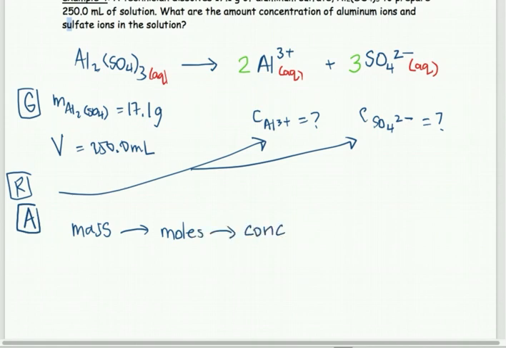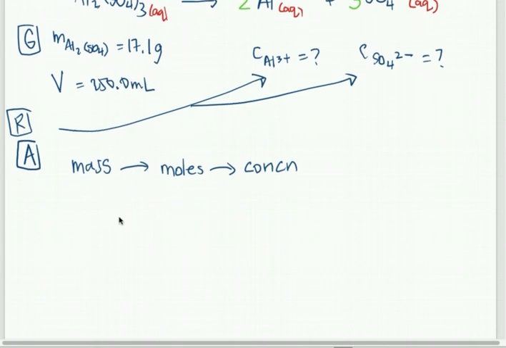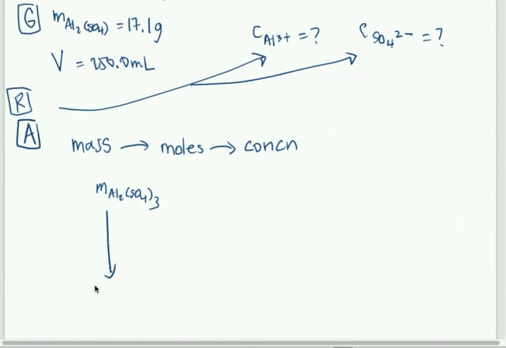So that's the plan. All right, so let's maybe draw the box method as well here. So we have the mass of aluminum sulfate. We're going to get to the amount, and then we're going to get to the concentration.